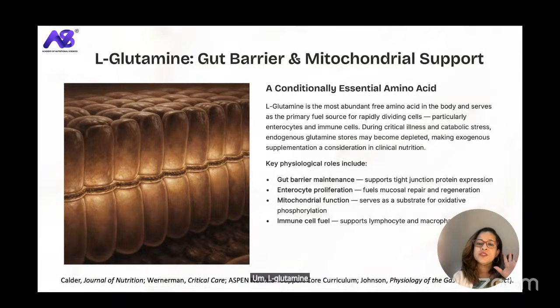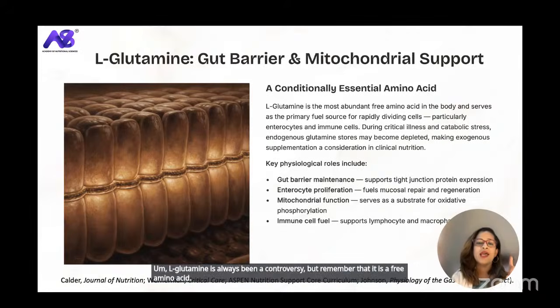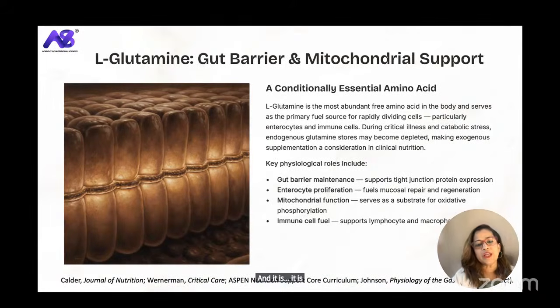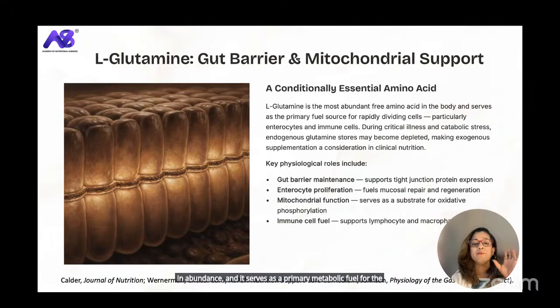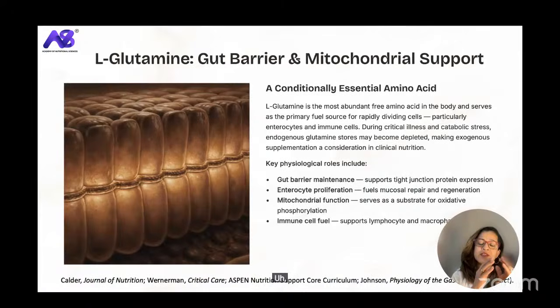L-glutamine has always been a controversy, but remember that it is a free amino acid, and it is available in the body in abundance, and it serves as a primary metabolic fuel for rapidly dividing cells, especially the enterocytes and the immune cells.